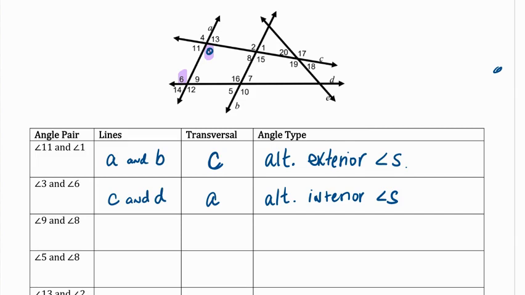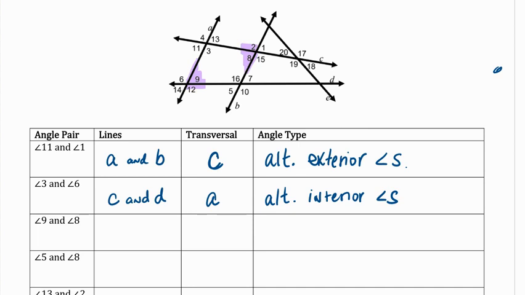So next I've got angle 9 and angle 8. Get my other ones to erase here. Okay, so angle 9 is here, angle 8 is here. Now these two, I'm going to be careful, because if I look at the lines that make them up, they do not share a line, right?